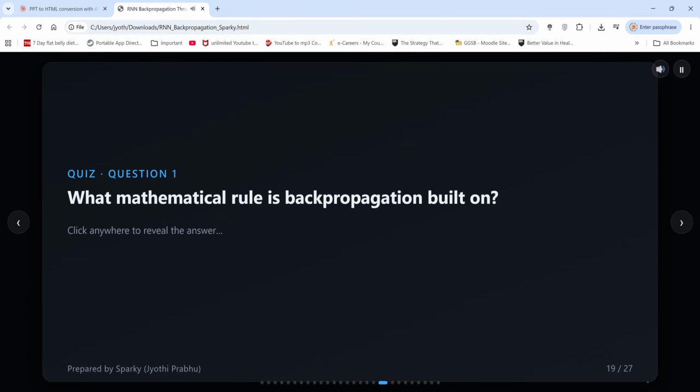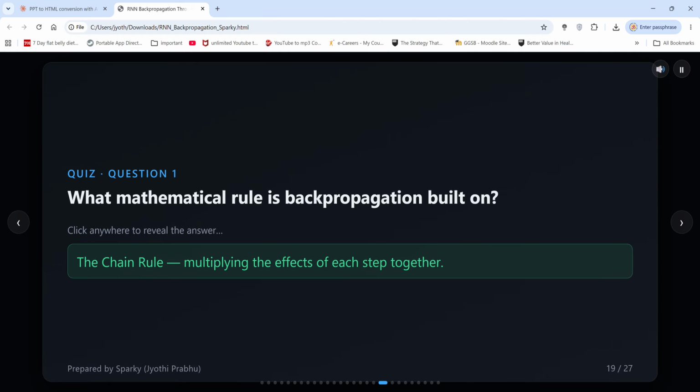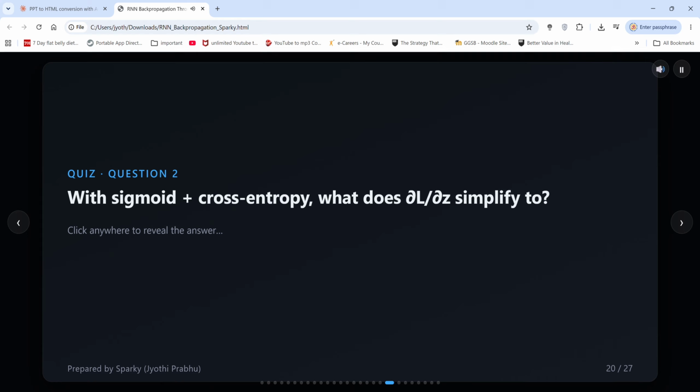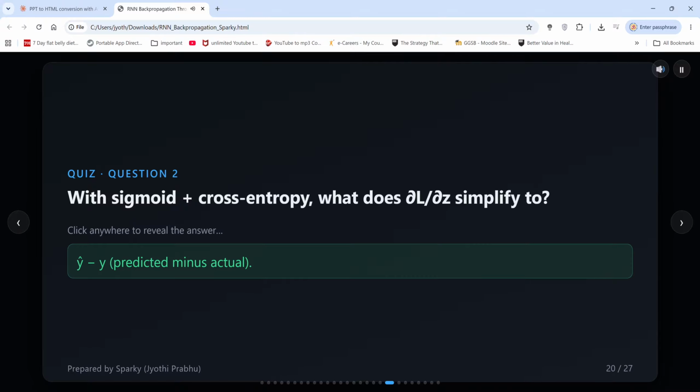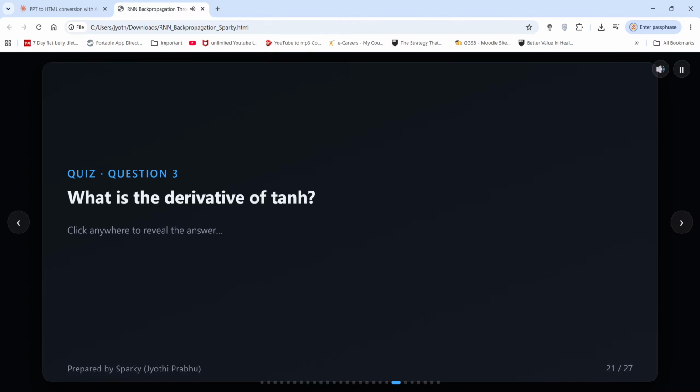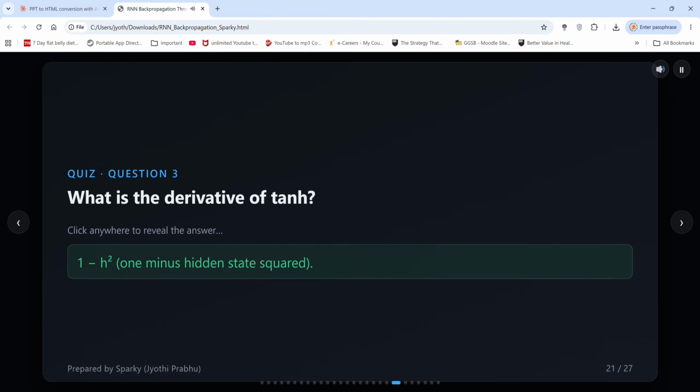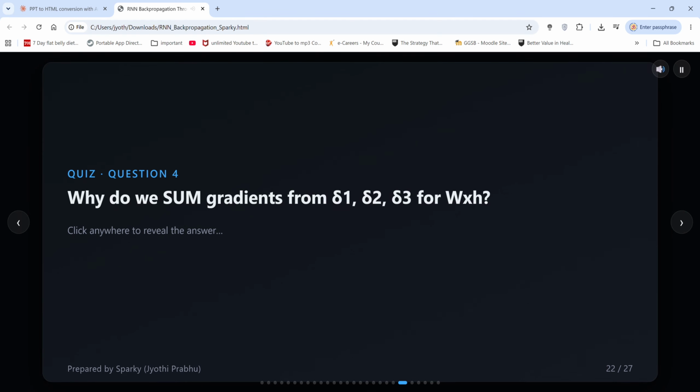Quiz time. What mathematical rule is backpropagation built on? Next question. With sigmoid output and cross-entropy loss, what does dL by dz simplify to? Next question. What is the derivative of the tanh activation function? Next question.